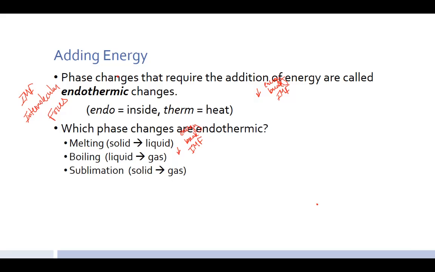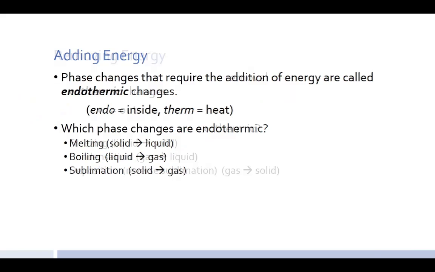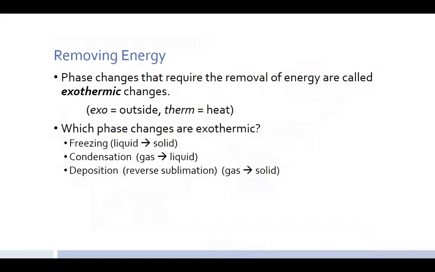So melting, boiling, sublimation, these are all endothermic processes where we add heat. The opposite is exothermic, where we remove heat. This is going to be freezing, condensation, deposition.